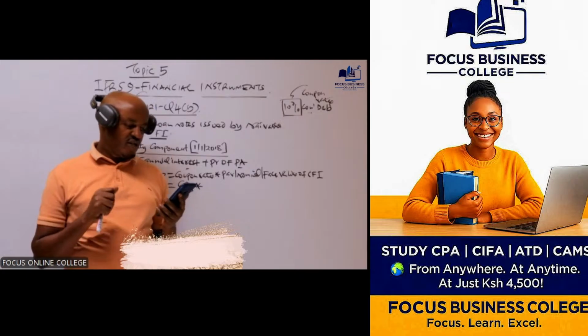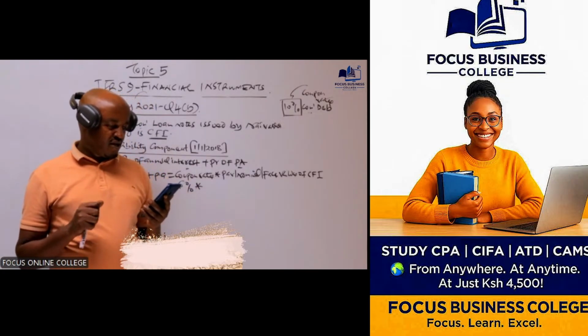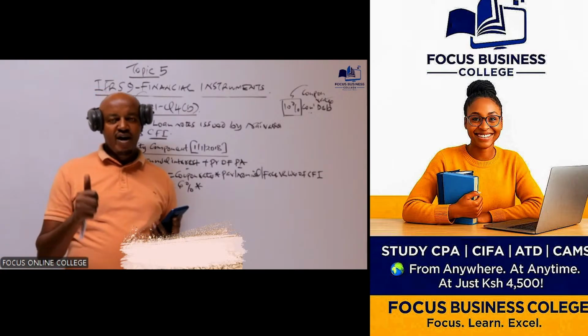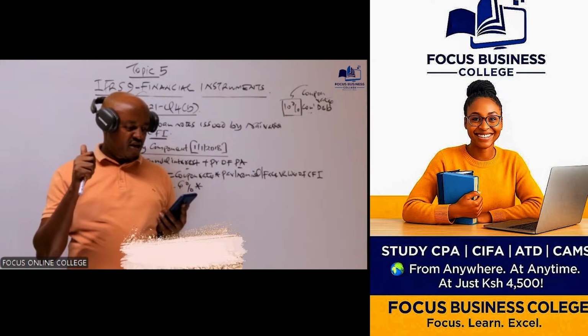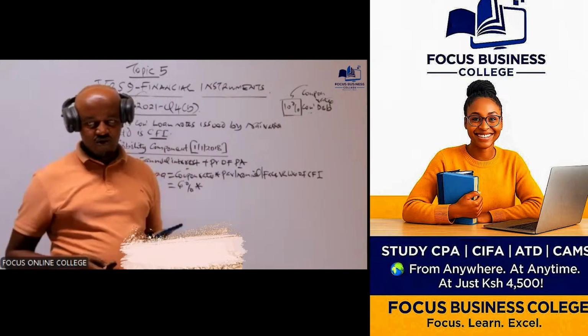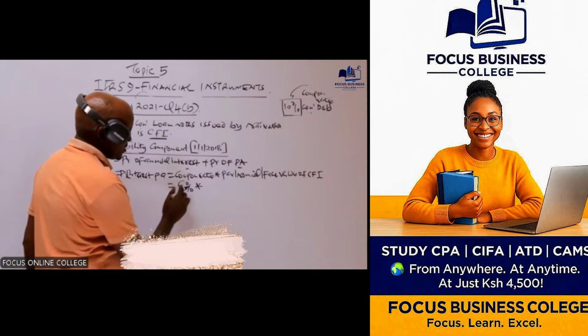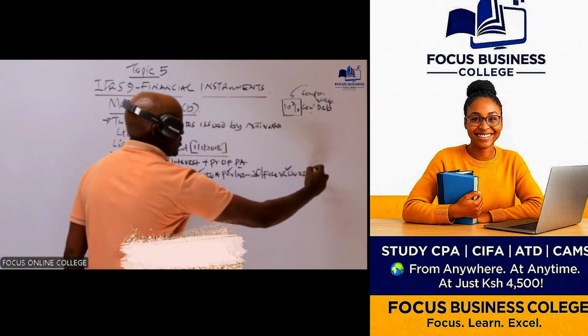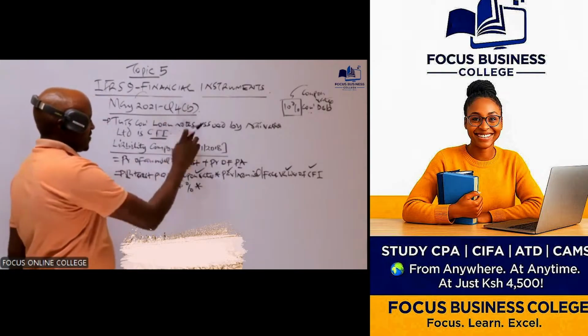And then you're told each loan note is redeemable in 3 years' time at its par value of 2,000. So the par value of each loan note is how much? Is 2,000. So therefore, we need to multiply the coupon rate, because we already have it, times the par value of the convertible notes.